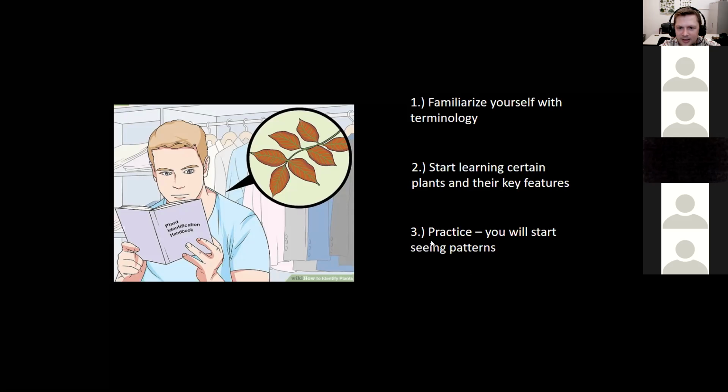And then the third thing is practice. It's really weird, but sometimes if you spend a whole day looking at these plants, you'll close your eyes at the end of the day and you will just see plants in your head. At least that happens to me. You'll see the patterns, the shapes.